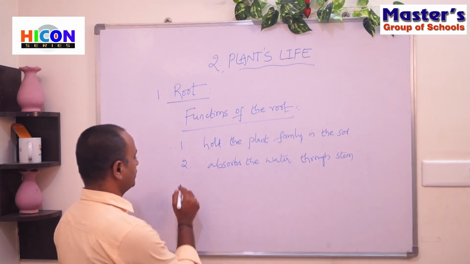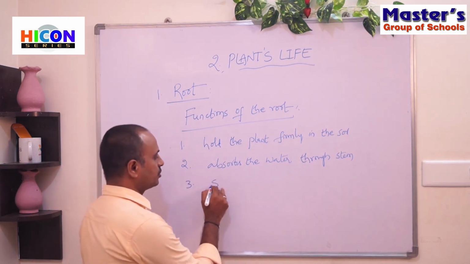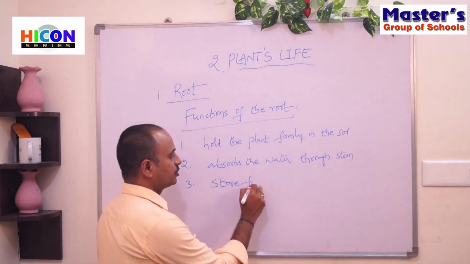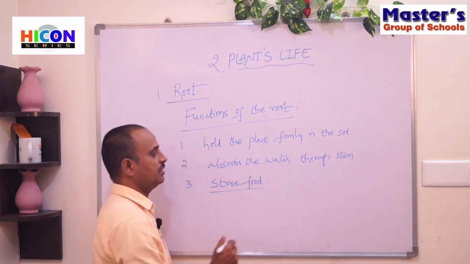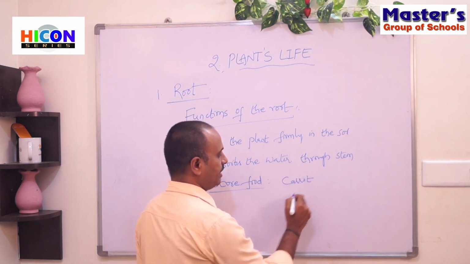And the third one is, some roots store food. Some roots in some plants store food, and examples for this type of roots are carrot and radish.